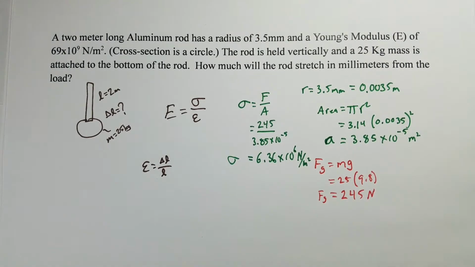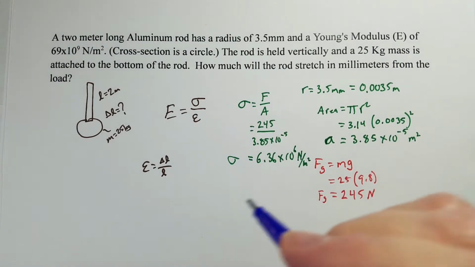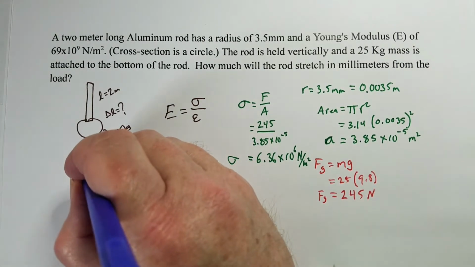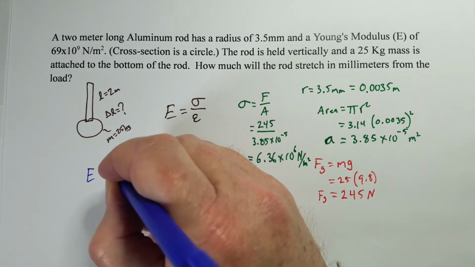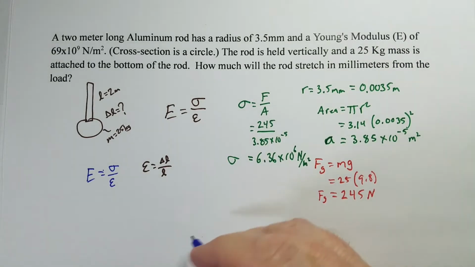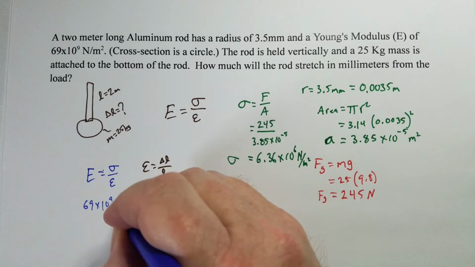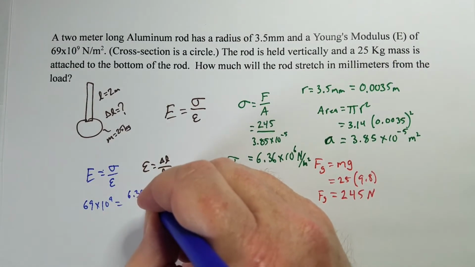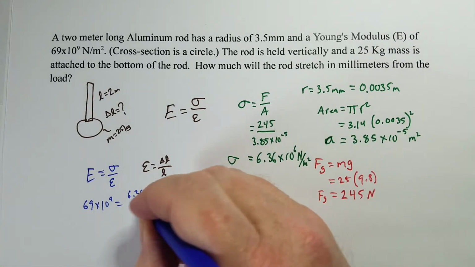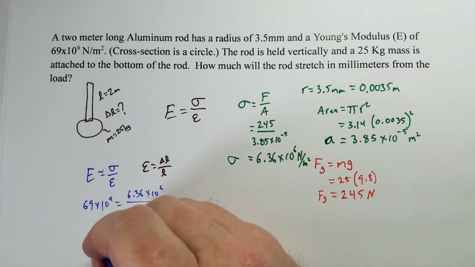Now what we can do is we can actually figure out what epsilon is. And so let's do it over here. E is equal to sigma over epsilon. E is 69 times 10 to the 9th. Sigma is 6.36 times 10 to the 6th. We got to figure out what epsilon is. Swap places with it.